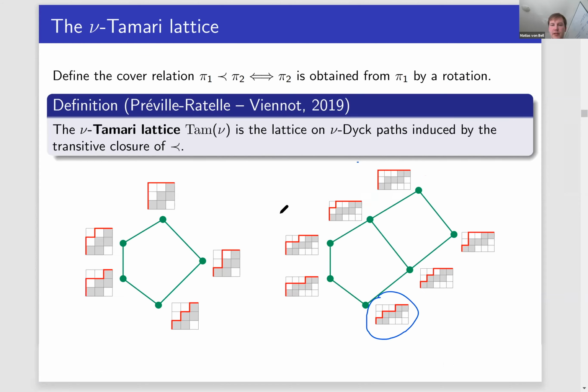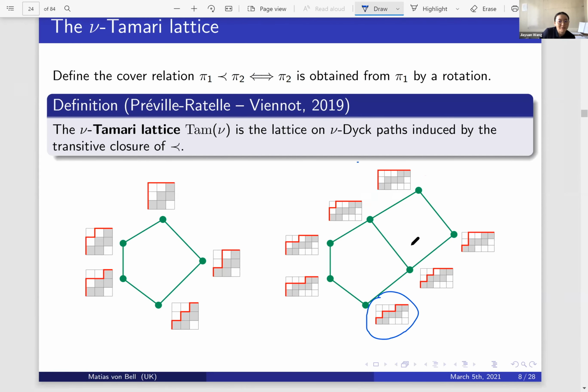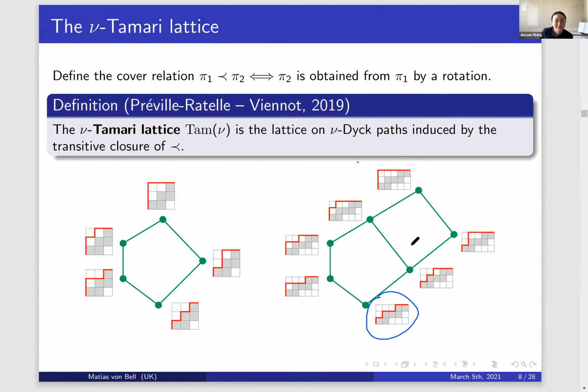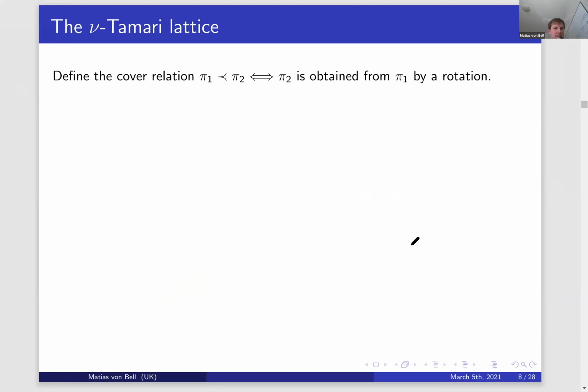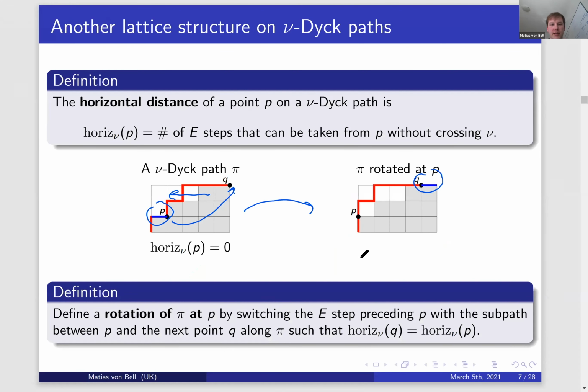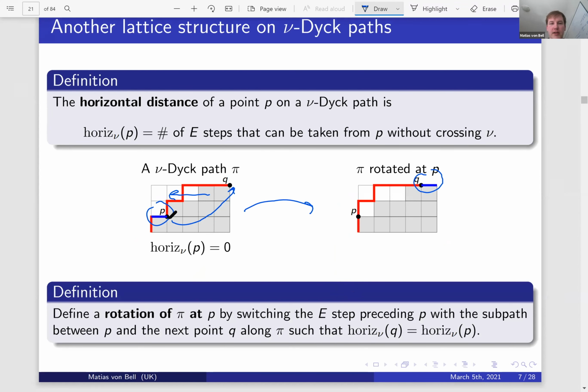Is it possible that after a rotation you get the same path? No, okay. I forgot to say one thing. It's not possible because I actually forgot to mention, so that's a good clarification, that the points you look at have to be valley points.